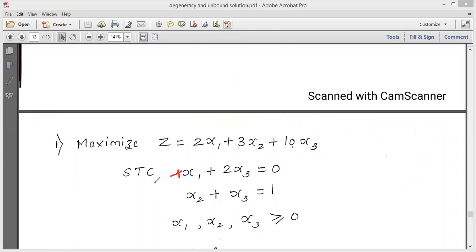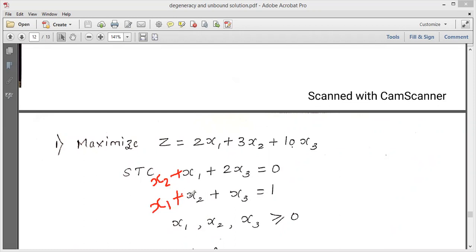Suppose if I alter this question, and assume that we have this type of constraint: x1, x2, x3 in the first constraint.